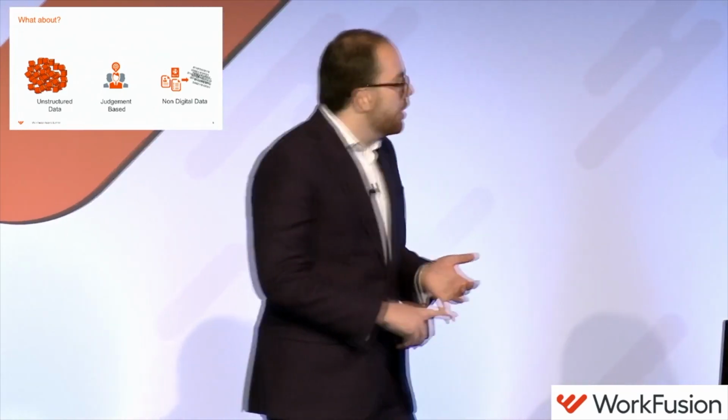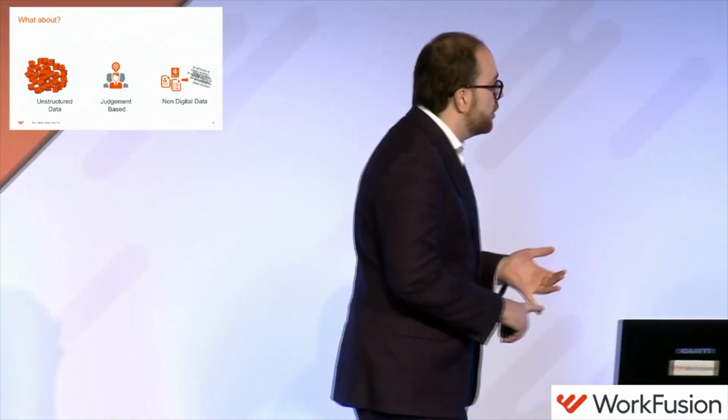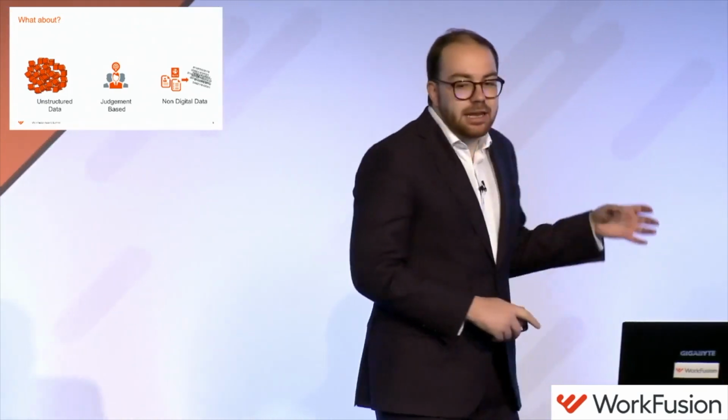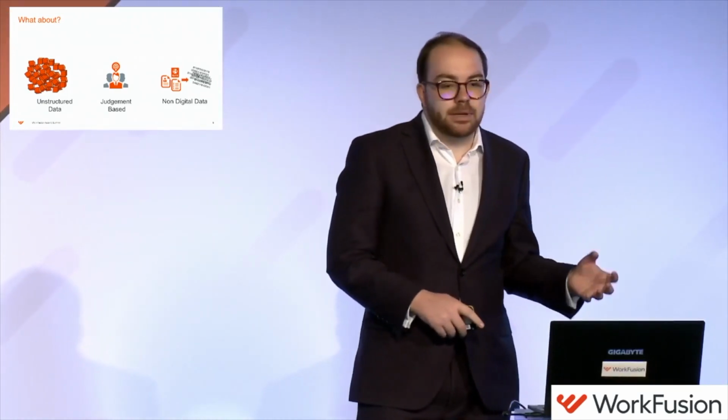Is it potentially fraudulent? This email, who should I send this on to? When it's judgment-based, RPA 1.0 starts to struggle. And then one other major limitation of RPA 1.0 is non-digital data. If it's not digitized, how are you going to get it into your systems, and how are the rules-based bots going to be able to manage that data?